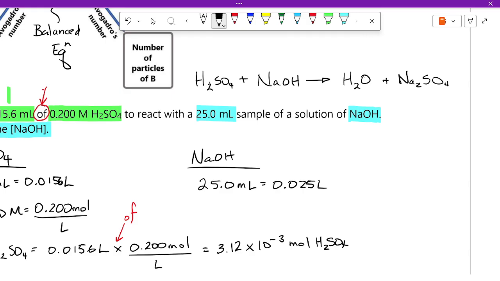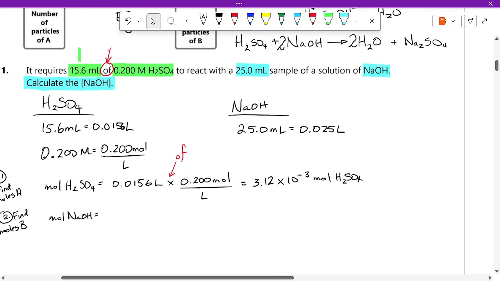Is that balanced? No. Easiest way to balance an acid-base reaction is to say, I need my hydrogens to equal my hydroxides to equal my waters. Yes? So how many hydrogens do I have? 2. So how many hydroxides do I need? 2. How many waters will I get? 2. Done. Okay? So now we have a mole ratio.